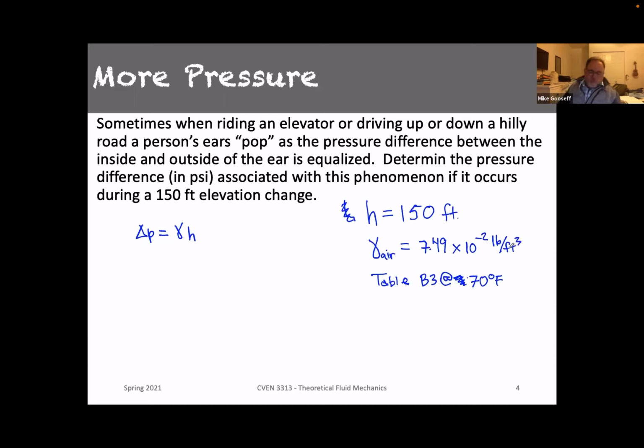If we had a cubic foot of air, of course, we wouldn't expect it to have much of a force to it, much weight. All right, so we can plug this in here on the right-hand side, and we end up with 7.49 times 10 to the minus 2 pounds per foot cubed.